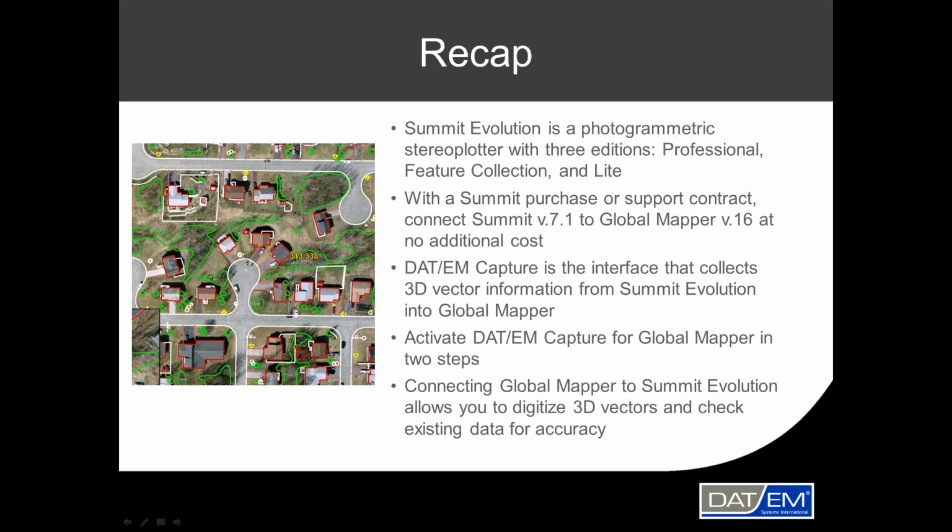The nice thing about showing the LiDAR data in Global Mapper and superimposing it in Summit is that you can tell whether these points are on the ground or not. This is very helpful because a lot of times when you're dealing with LiDAR, you've got all these points and sure they look great and it looks like they go up the wall and around the building and so on, but you don't know whether they're really on the ground.